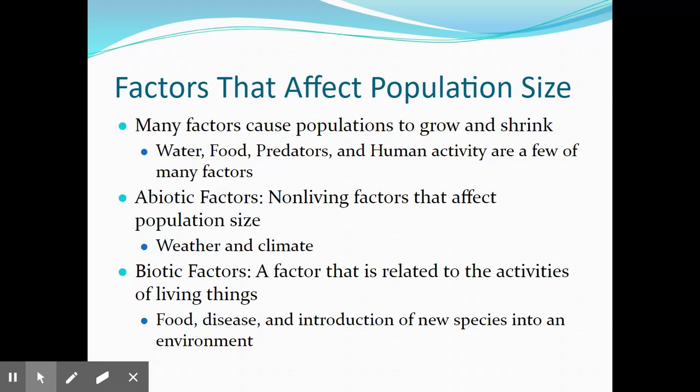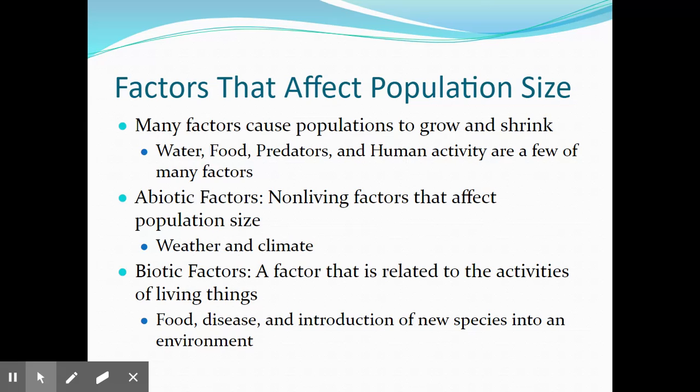Factors that affect population size. Many factors cause a population to grow and shrink, such as water, food, predators, human activity, and many others. Abiotic factors are the non-living factors that affect population size. Weather and climate are examples of abiotic factors, such as a temperature swing to a very high or very low temperature.